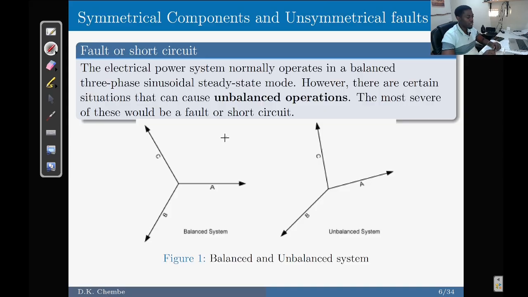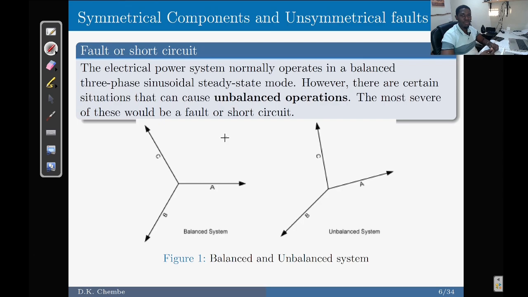Lightning is one of the highest causes of electrical faults in the system, where lightning can strike on a conductor or on a transmission line and cause a traveling wave that can hit the protective system. And that traveling wave is an overvoltage. So that overvoltage brings about the fault.